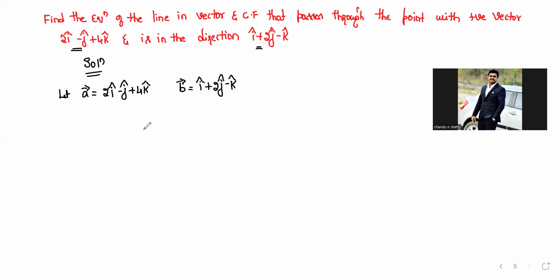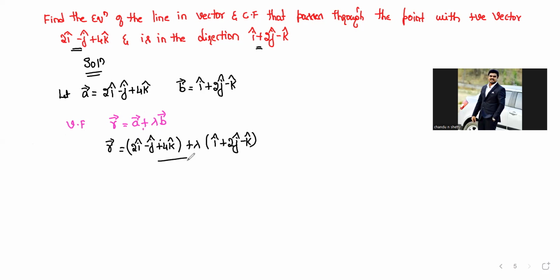The vector form equation is vector R equal to vector A plus lambda vector B. Now apply vector A and vector B: vector R equal to 2i cap minus j cap plus 4k cap plus lambda into i cap plus 2j cap minus k cap. This is the vector form equation.